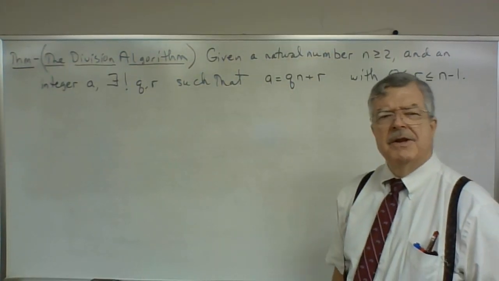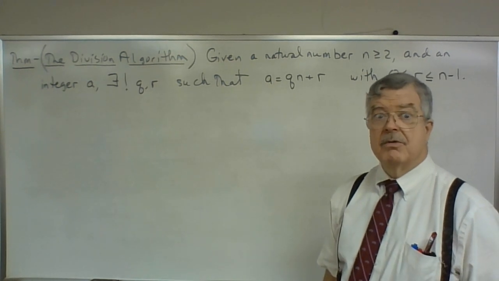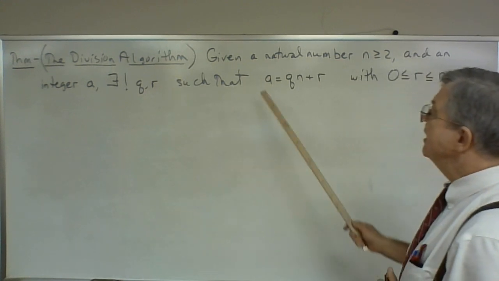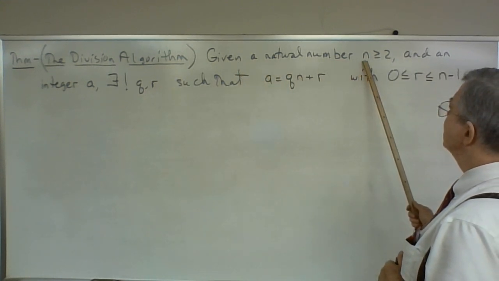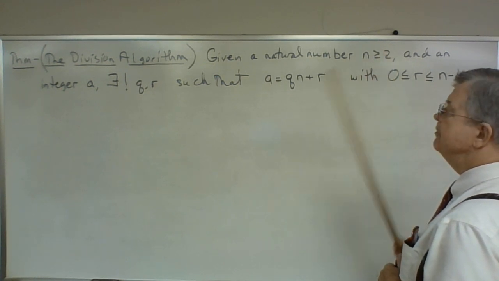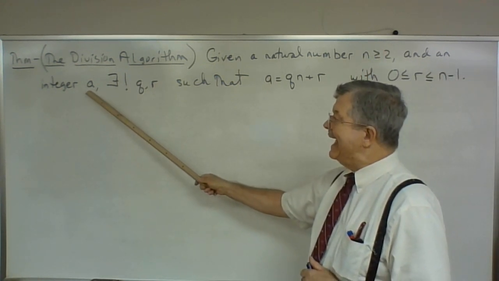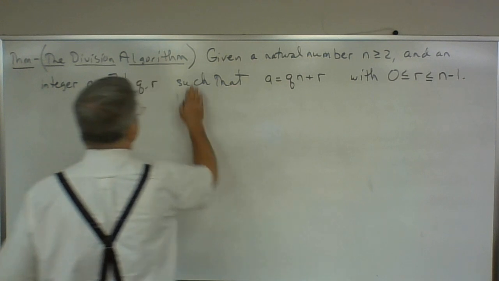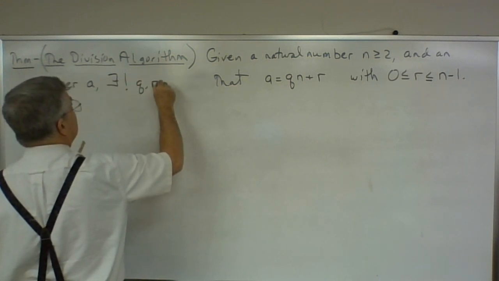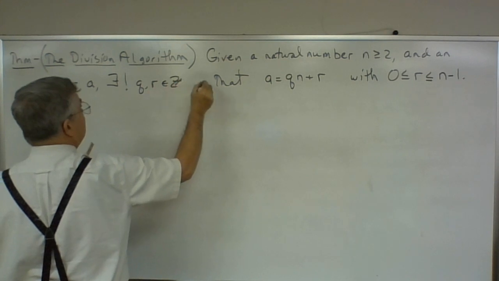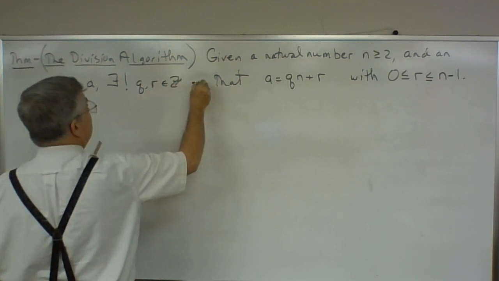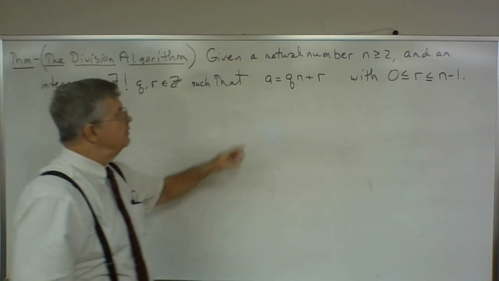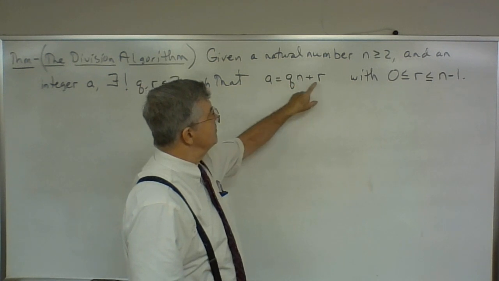This is something that we know, but we probably don't know that we know it. It's called the division algorithm. And we're told, given a natural number n greater than or equal to 2, and an integer a, there exist unique integers q and r such that a is equal to q times n plus r.